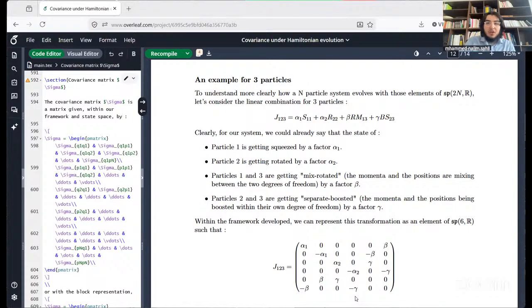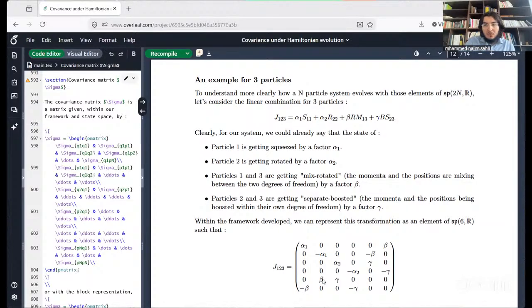For the RM13, for example, the matrix product with the beta, because RM is an element of the sp2n that correlates the first degree of freedom with the third, we see that the sp2 element appears 2 times, where the first and the third degrees of freedom cross in the matrix.